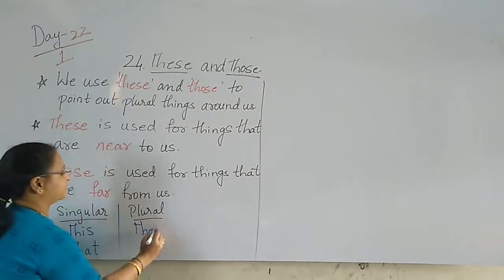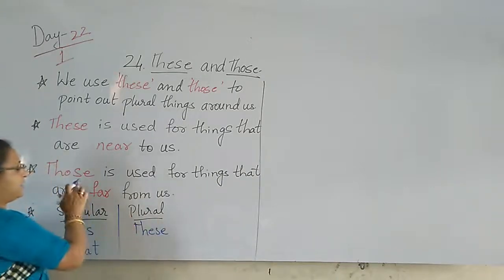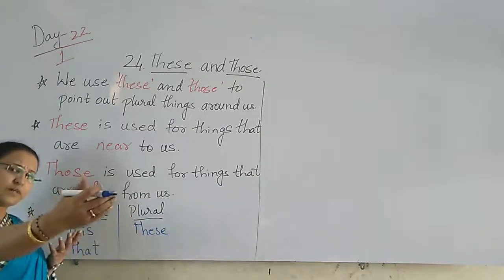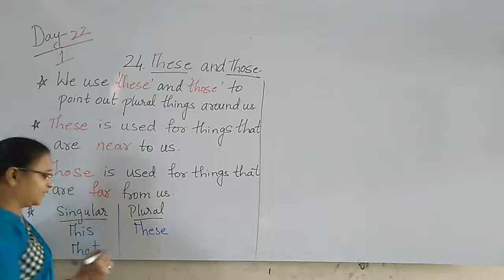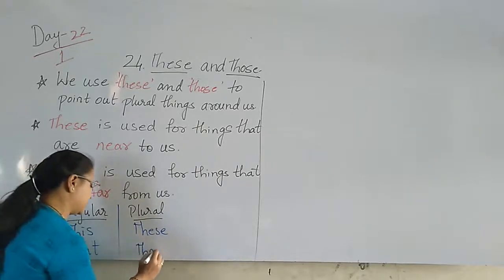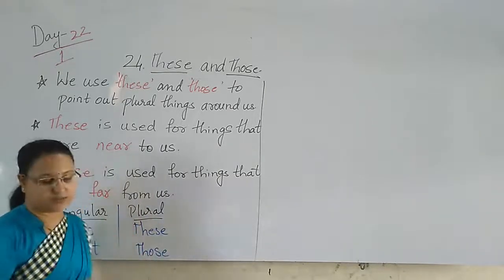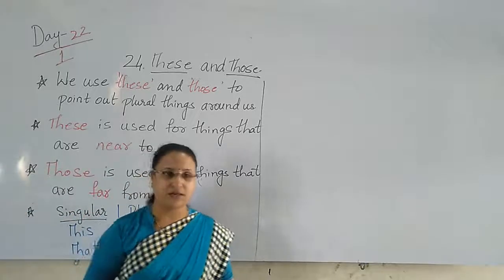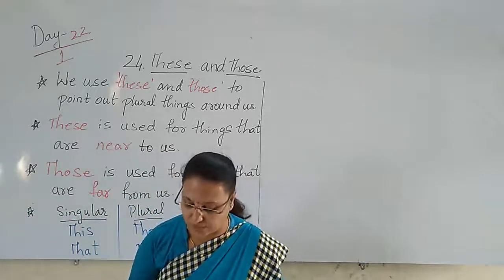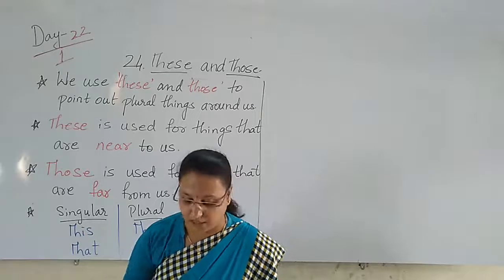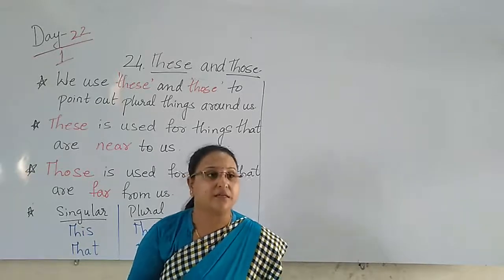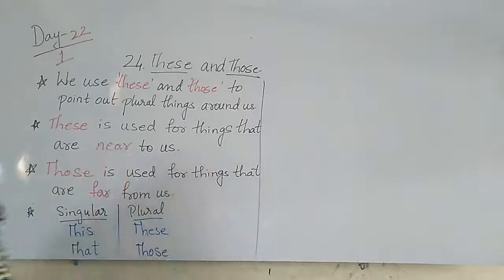These. What we use, children? These. And when the thing is far away from us, when it is more than one, we use what? Those. Those. Yes or no? We use those. So let me show you some of the images, children. Then you can understand these and those topic.